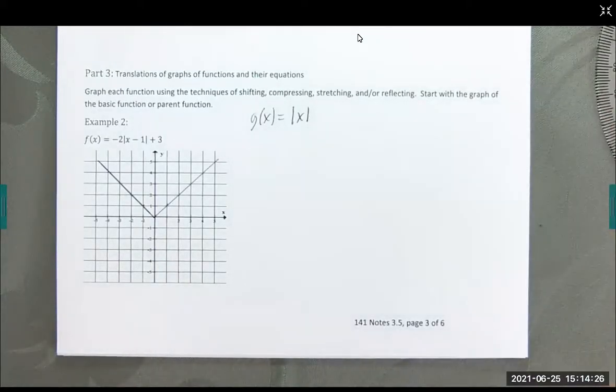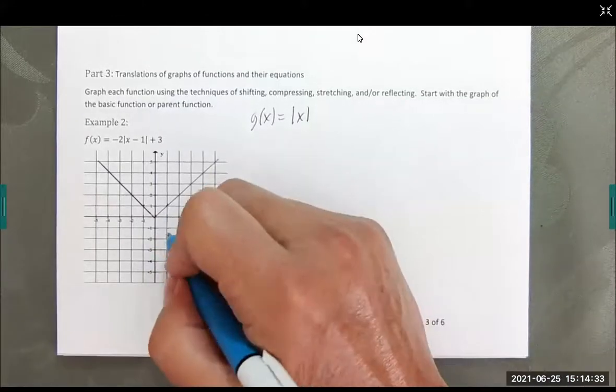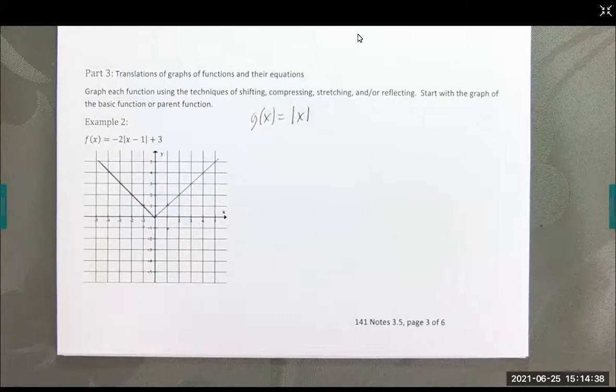Next up, we are going to reflect this about the x-axis. So again, all of these that I'm doing now are not the final graph. Let's do a different color. Let's do green.